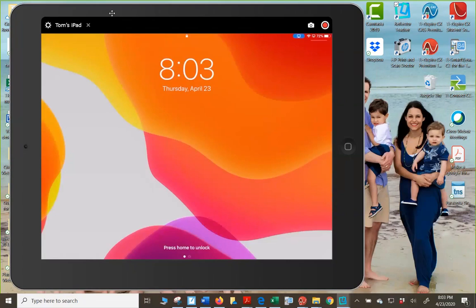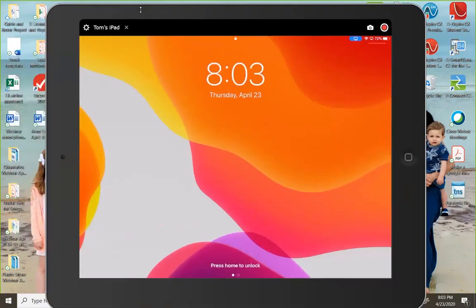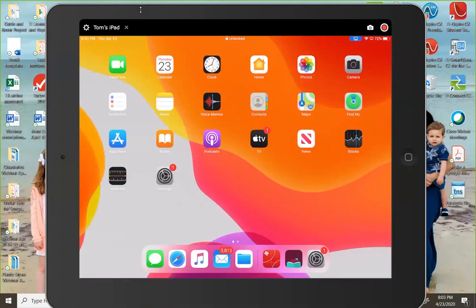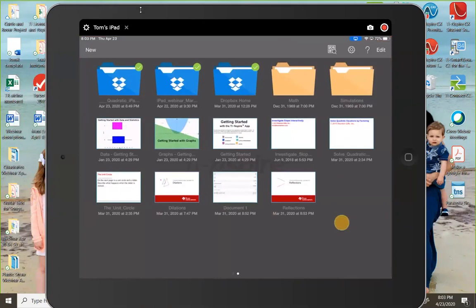So let me center that there for you. I'm going to turn on the TI-Nspire app for iPad, and I've got this yellow dot that's going to show wherever my finger touches, so you can see that okay. Ruth, is that yellow dot showing up okay? It is. Thank you. Okay.